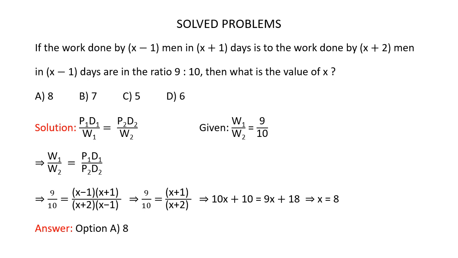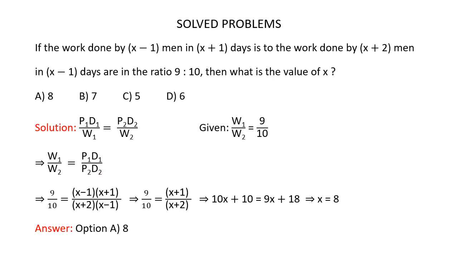So use this formula. P1 D1 divided by W1 is equal to P2 D2 divided by W2. So it's given that W1 divided by W2 is equal to 9 divided by 10. So now this formula can be rewritten as W1 divided by W2 is equal to P1 D1 divided by P2 D2.